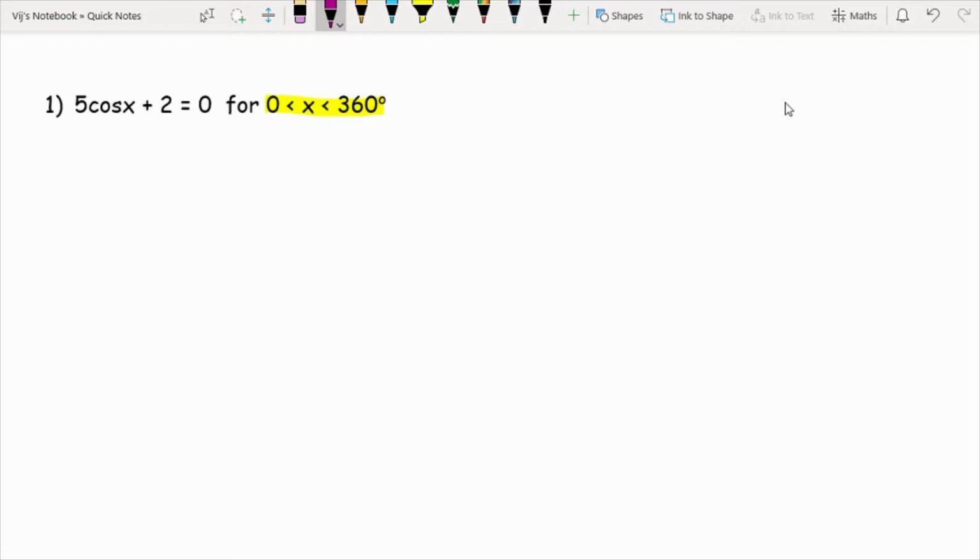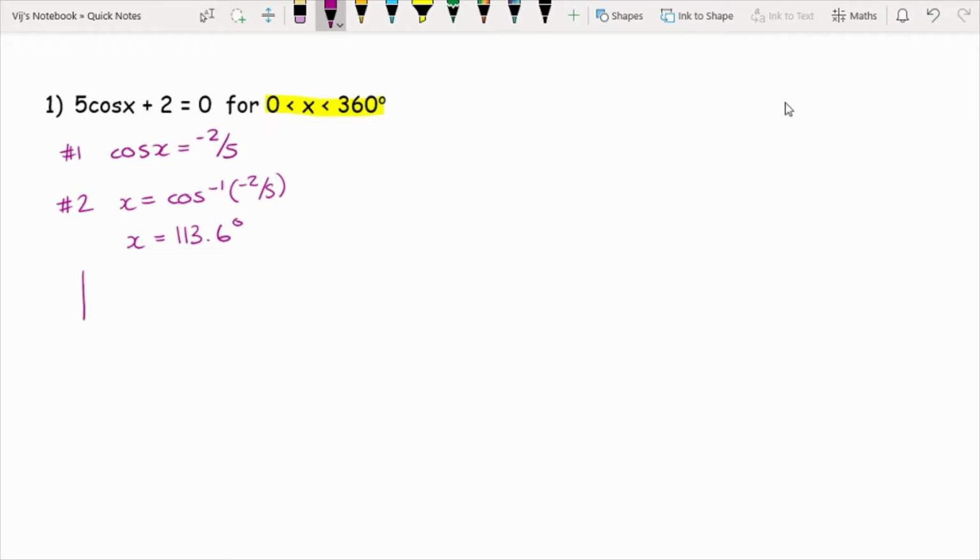So I'm going to rearrange the formula so that we've got cos x the subject, and when I do that I get minus 2 over 5. Now I'm going to find the first angle using the calculator. I know that x is going to equal inverse cos of minus 2/5, and if I type that into my calculator I get a first angle of 113.6.